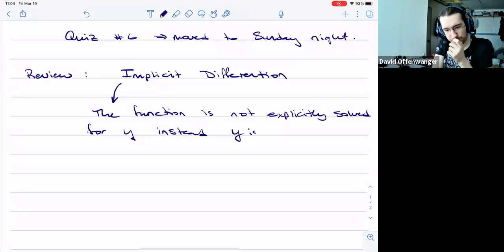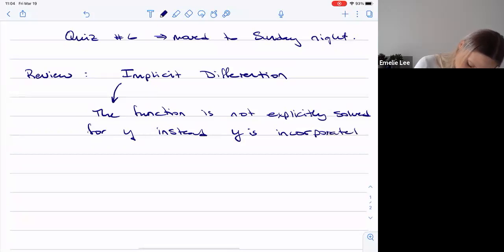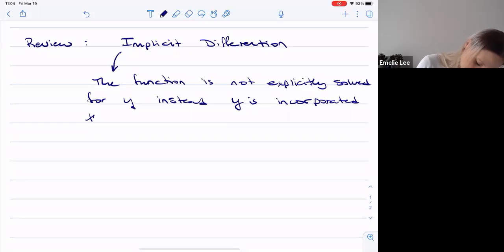Instead, y is incorporated with the x's.